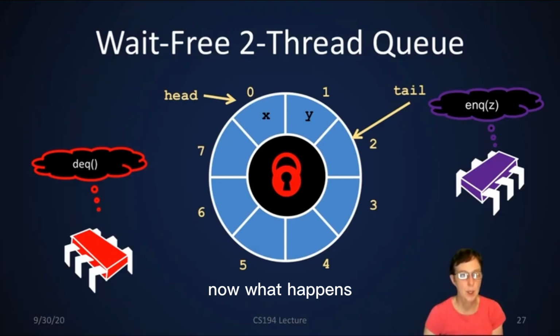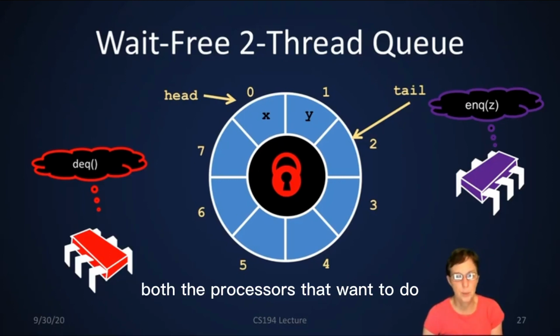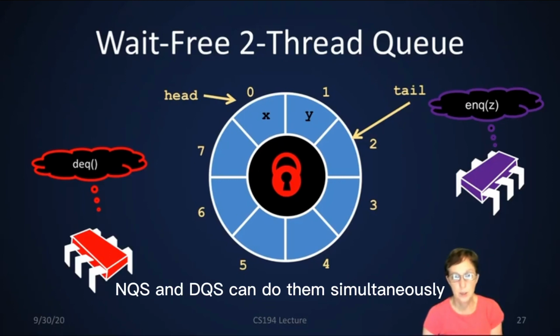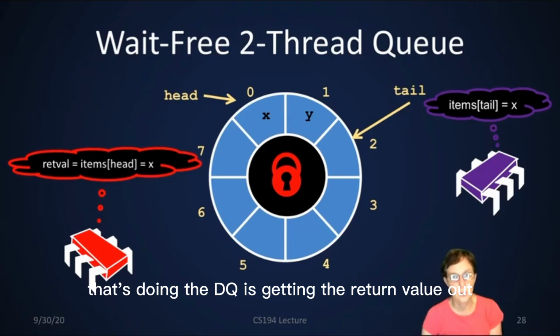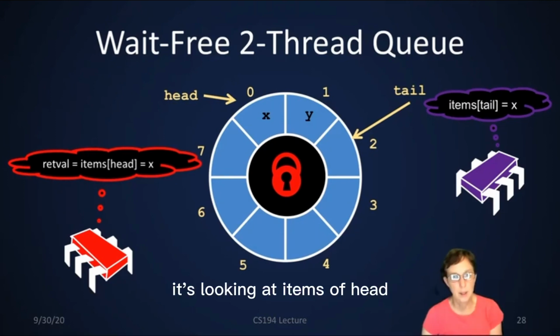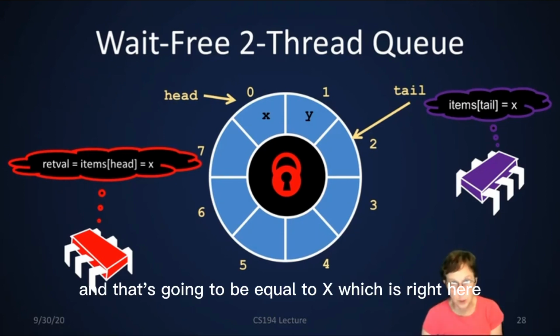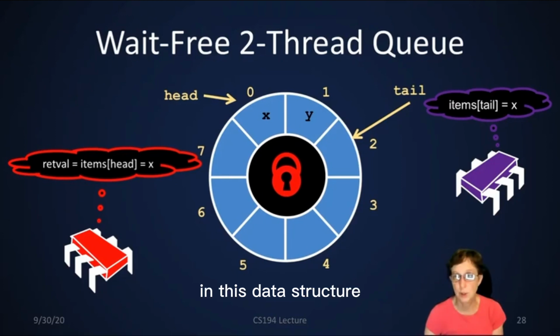Now what happens, well in this case both of the processors that want to do NQs and DQs can do them simultaneously. So this one that's doing the DQ is getting the return value out. It's looking at items of head, and that's going to be equal to X, which is right here in this data structure.